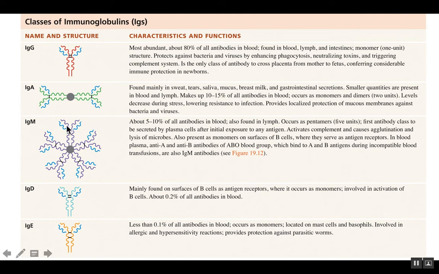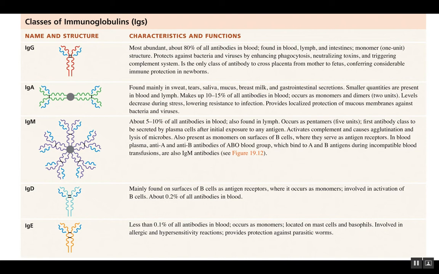IgMs, two things I want you to remember about IgMs. One is they're the first antibodies produced, the first antibody class to be secreted by plasma cells after initial exposure to an antigen. So they're always kind of the first one. So if you see a lot of IgMs, that means that it's a pretty early immune response.